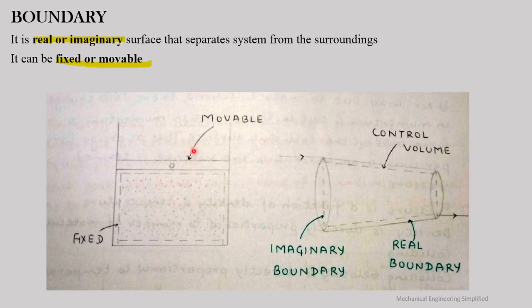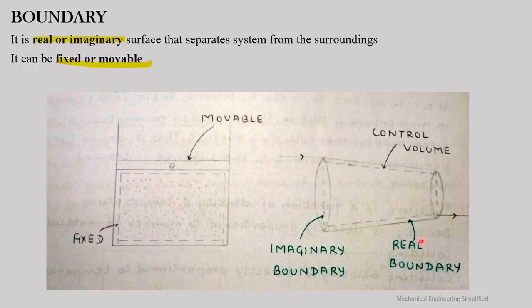When this piston moves up or down, the boundary which is close to this piston will also move up and down. So this is basically a movable boundary, whereas the boundaries which are near to the cylinder are fixed boundaries.